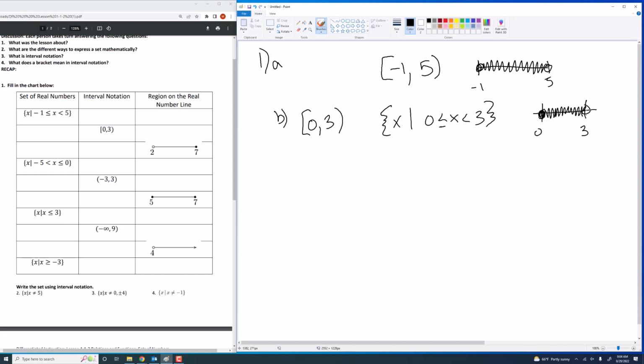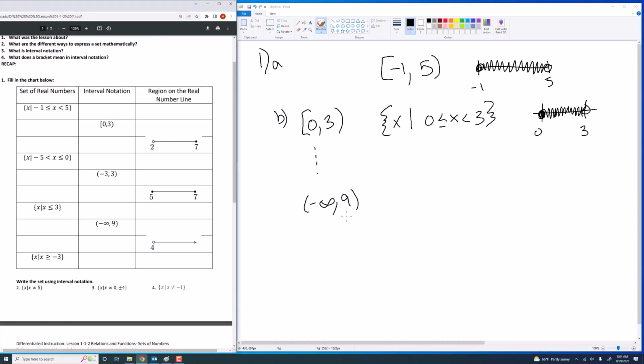Let's go down to an infinity one, towards the bottom. So let's do the -infinity to 9. That's this one right here that I'm circling with the mouse. So the set builder, define x such that, now it's -infinity to 9.